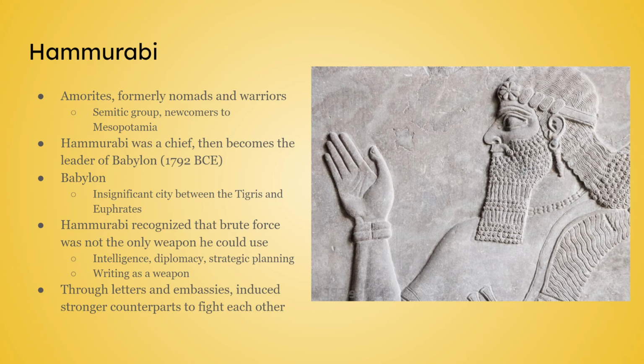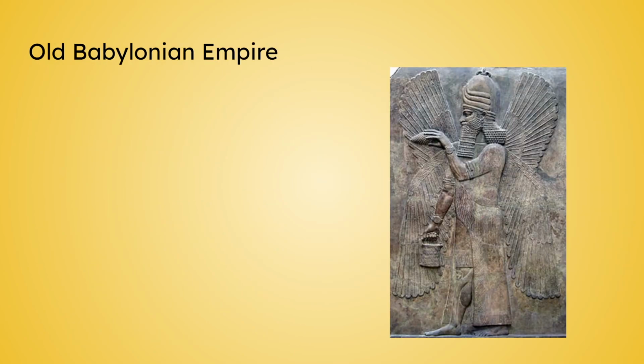Through letters and embassies, Hammurabi induced other city-state rulers to fight against each other, while he quietly built his army and portrayed himself as an ally to both sides. While these armies fought each other, Hammurabi sat by and waited for the correct opportunity to strike, taking out both of them at once.